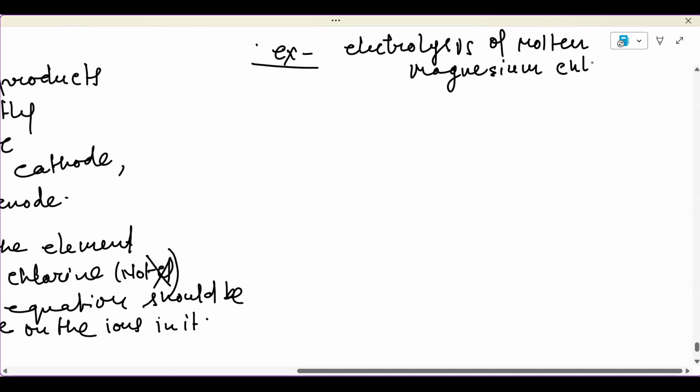Magnesium ions and chloride ions are present.